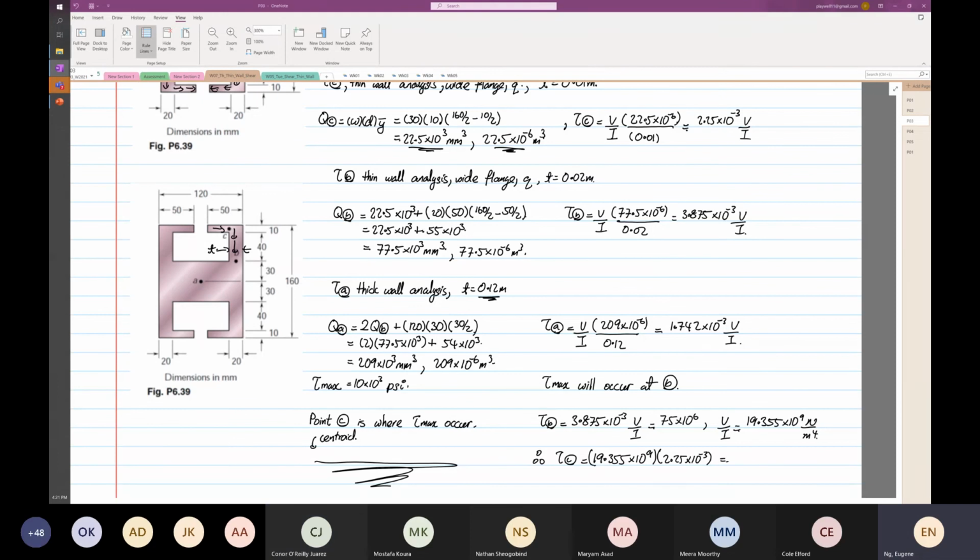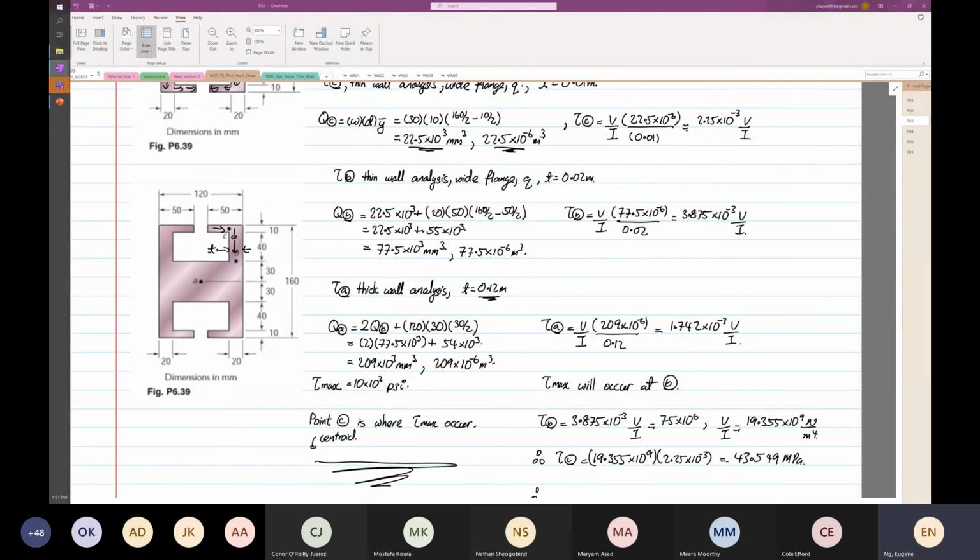Okay, so 2.25 times 10 to the power minus 3 times 19.355 times 10 to the power 9. So it's equal to 43.55 megapascal.